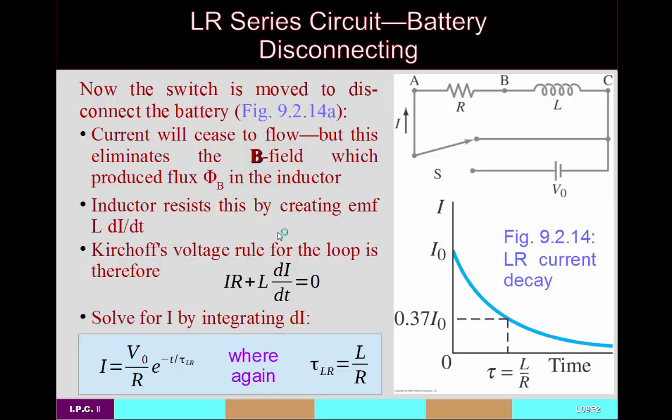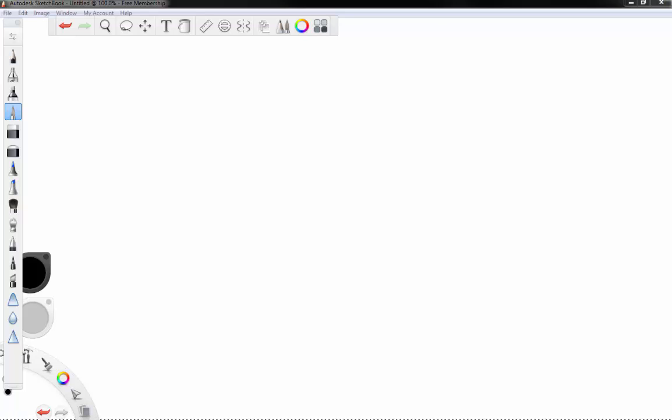This is again a differential equation. It's a slightly simpler differential equation because there's only two terms. Basically divide both terms by I and multiply both terms by dt, and then do some integration, and what you end up getting is that I is V naught over R e to the negative t over tau LR, where this is the LR series decay time, which is actually equal to the LR series rise time, L over R. This is not actually that difficult of a differential equation to solve.